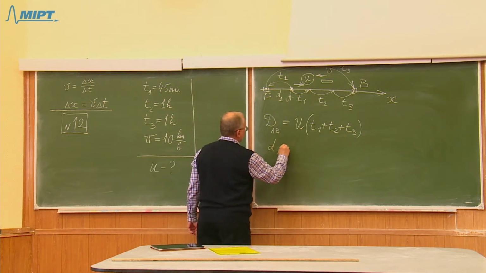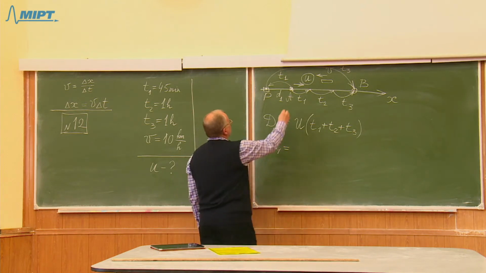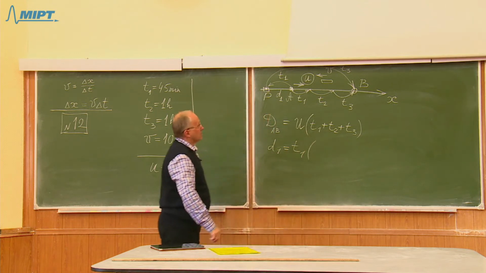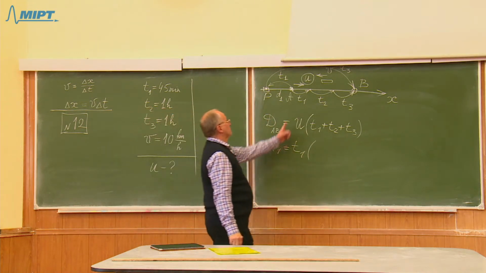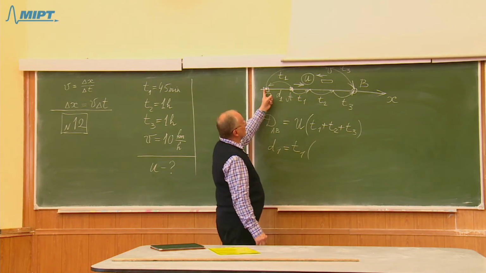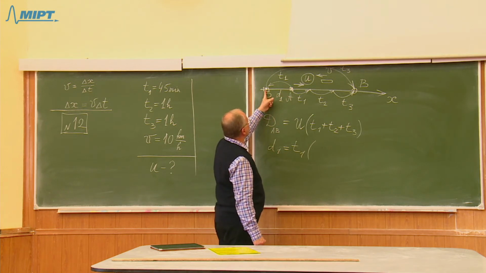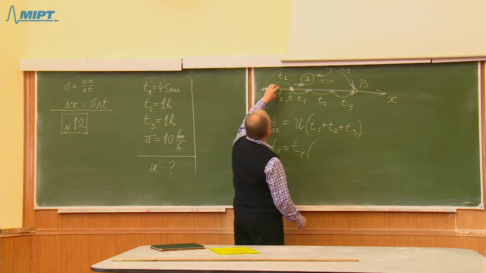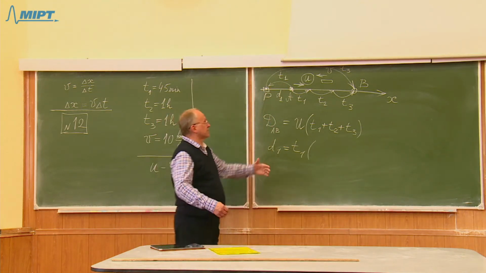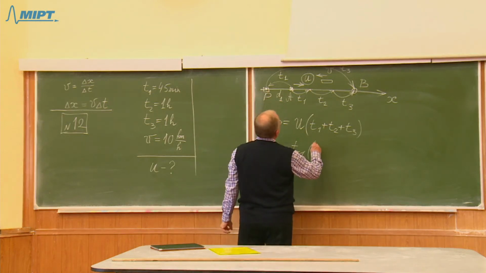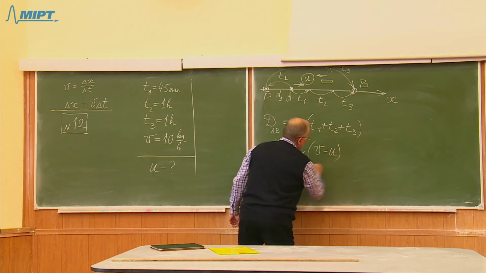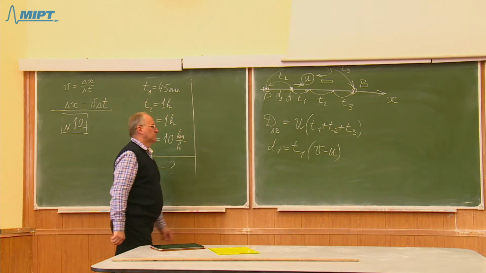And this distance d1 can be calculated as the time interval t1 multiplied by the speed of the motorboat. And as the motorboat was going from point A to point P against the river flow, the speed of the motorboat with respect to the ground, with respect to the river bank, was equal to the speed of the motorboat minus the speed of the river flow.